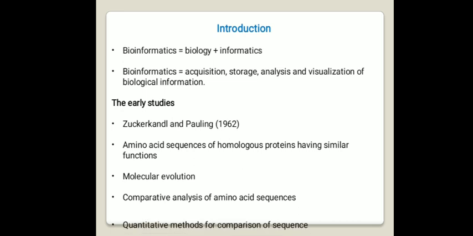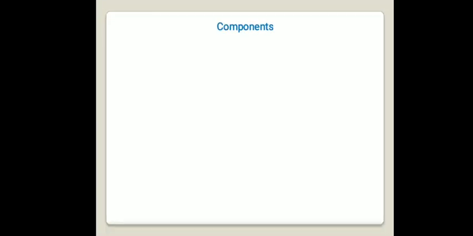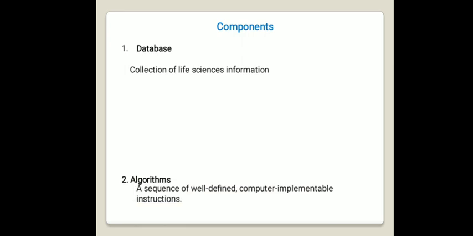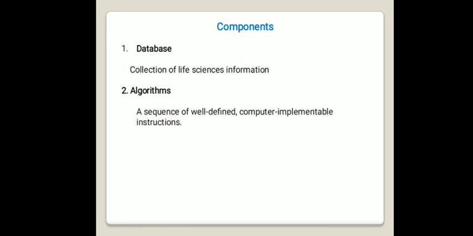Then let's see the components of bioinformatics. The first component is the database. Development of databases for an efficient storage, access and management of large body of various biological information is necessary. Then the second component is the algorithms.